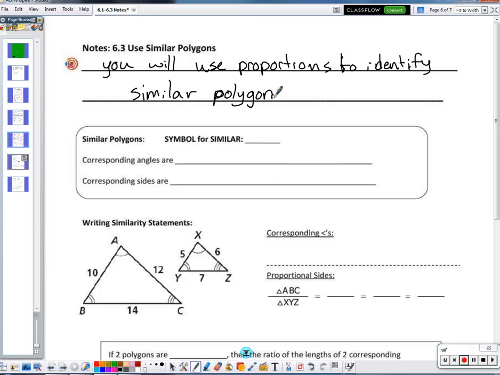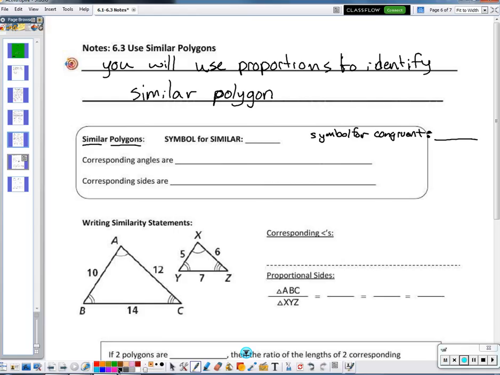So when we talk about this thing called a similar polygon, the symbol for similar is very similar to our symbol for congruent. When we had congruent triangles or congruent figures, what was my symbol for congruent?